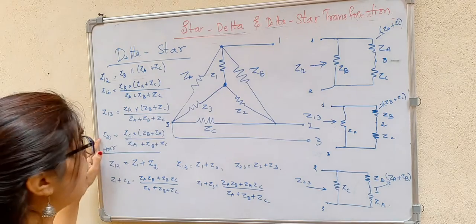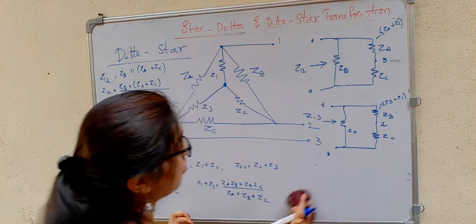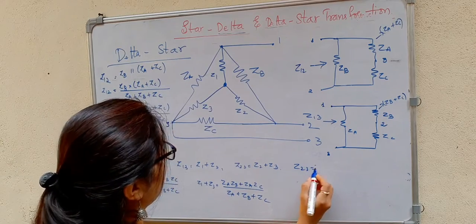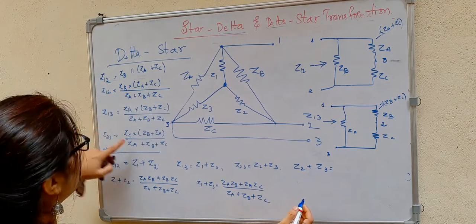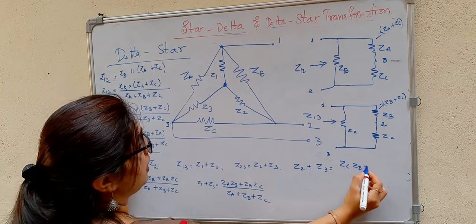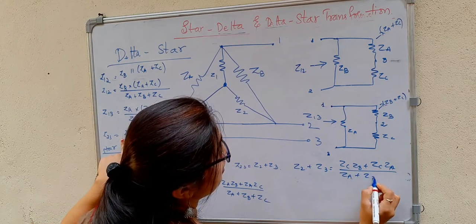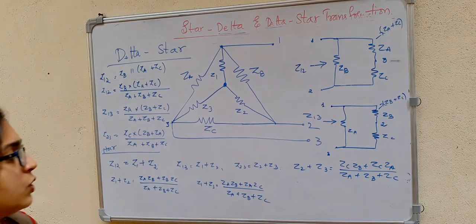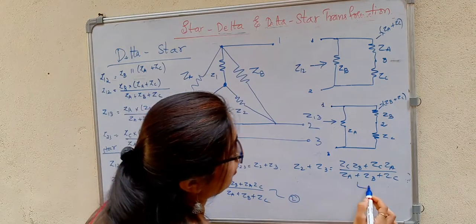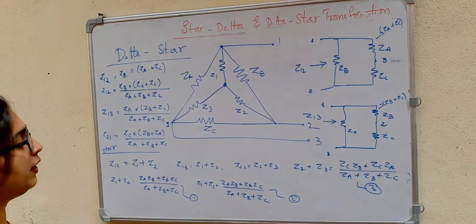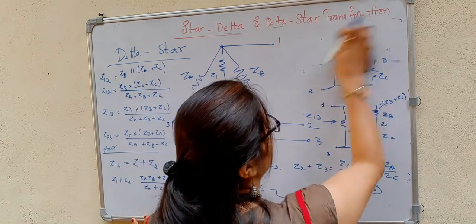Then Z23, which is Z2 plus Z3, is equal to ZC ZB plus ZC ZA divided by ZA plus ZB plus ZC. So we have got these three equations, 1, 2 and 3. From these we can derive Z1, Z2 and Z3. How? We will see it now.